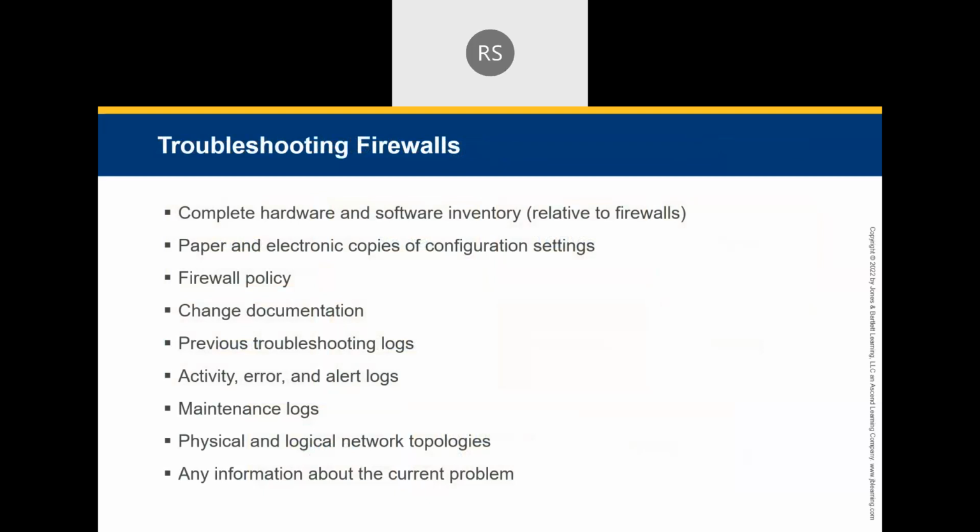You want to maintain both paper and electronic copies of firewall configuration settings for reference and restoration purposes. You document the firewall policy, outlining rules, permissions, and restrictions for network traffic. Keep a record of any changes made to the firewall configuration, including timestamps and descriptions of the alterations.